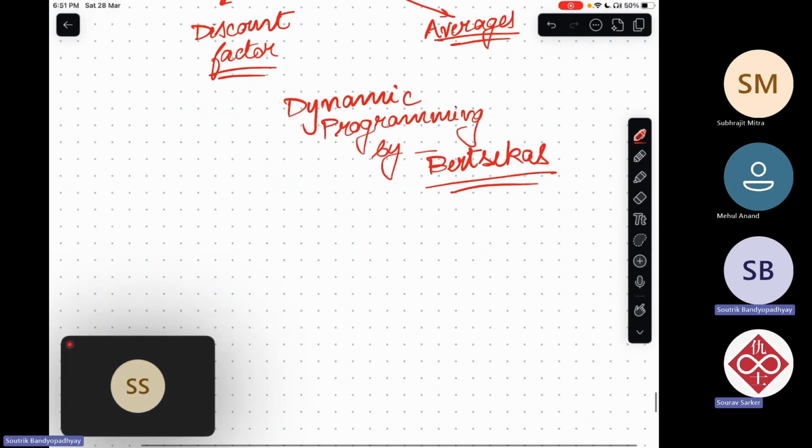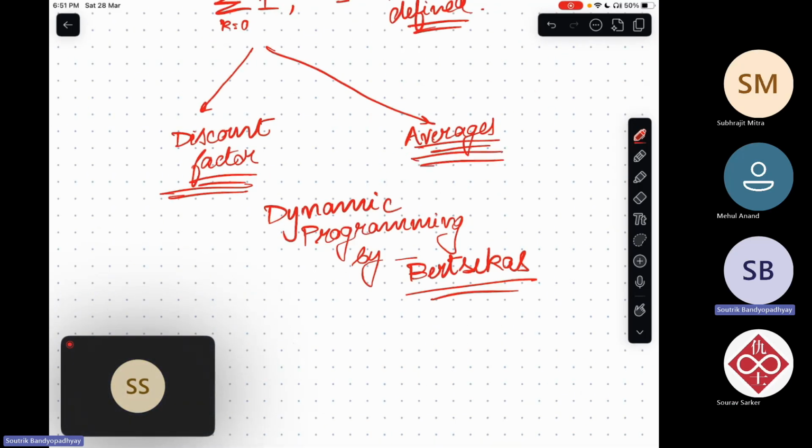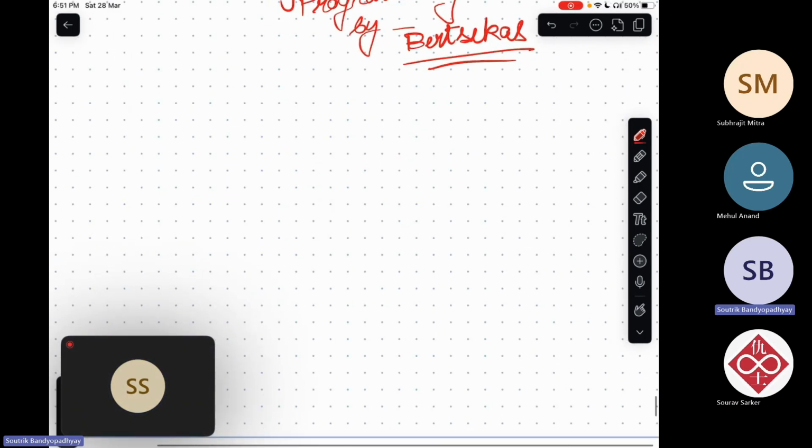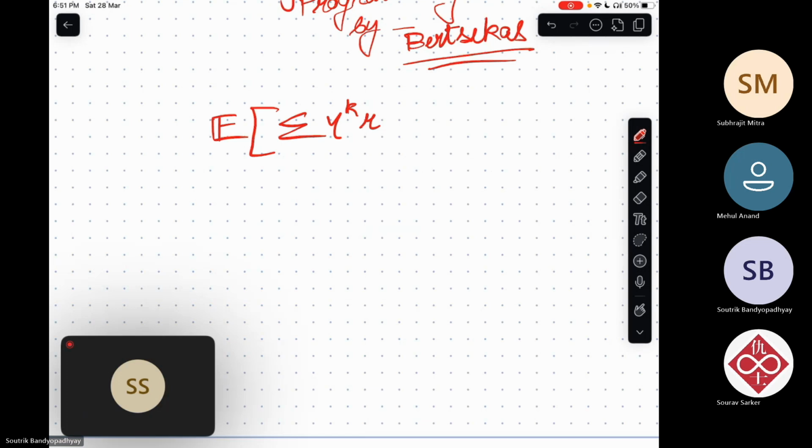So there is one chapter on discount factor formulations and one chapter on average value formulations. The essential concept of both is you want to maximize the sum of gamma to the power k times r, which is the discount factor.